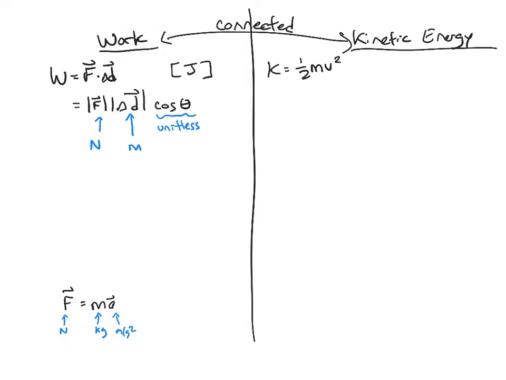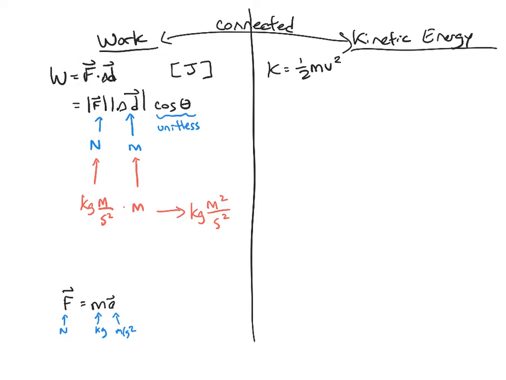So I'll replace newtons with kilograms meters per second squared. And then this meters here just gets copied down. Well, now I have kilogram meter per second squared times meters. But meters times meters is meters squared. So the units for work can be rewritten as kilogram meters squared per second squared.